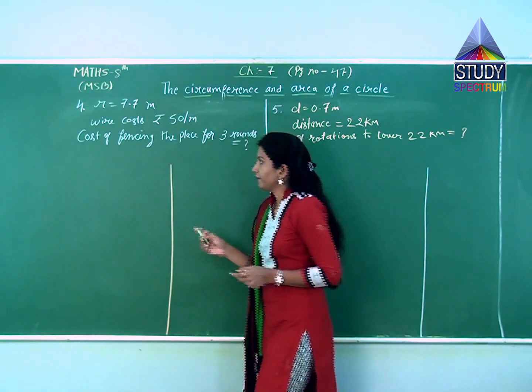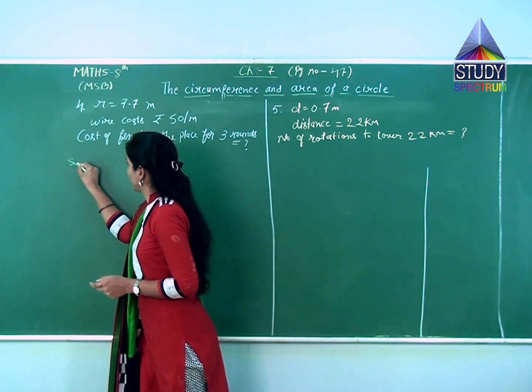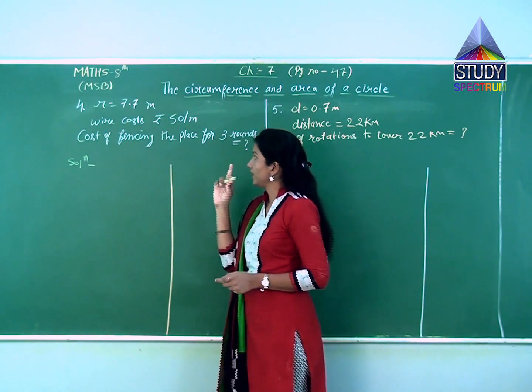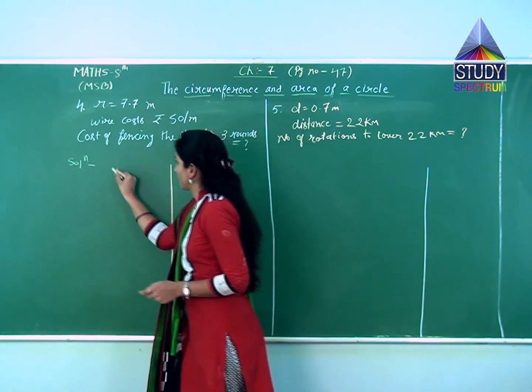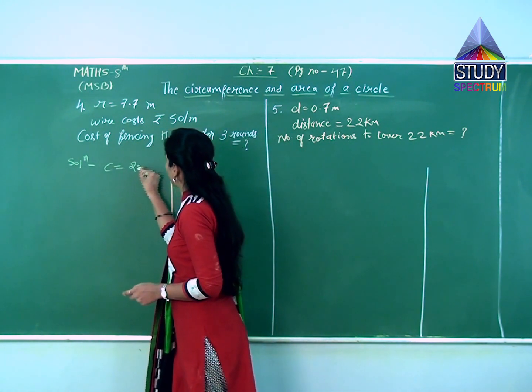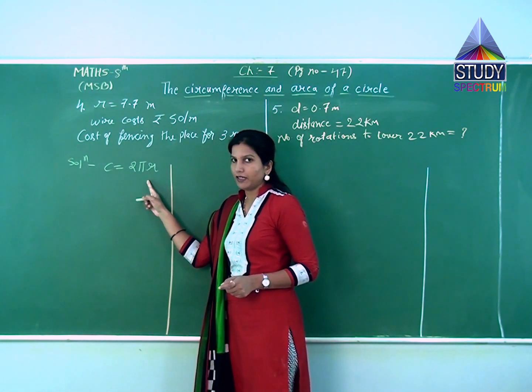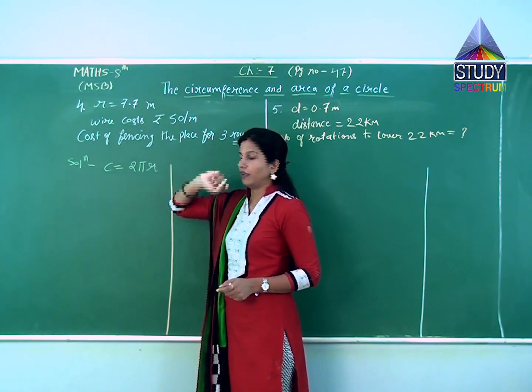Let's see how it will be done. In our solution, first we will find the circumference of the place. Circumference is equal to 2 pi r. Why 2 pi r here, not pi d? Because we have been given the radius.